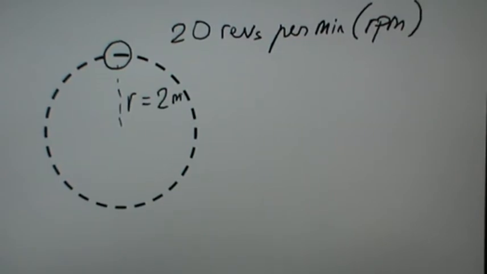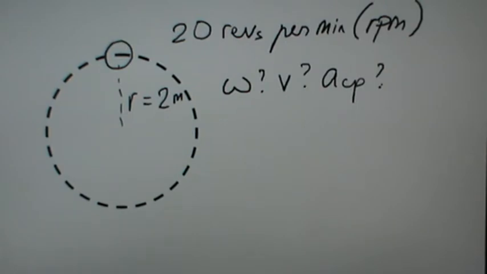Let's find the angular velocity omega, the linear velocity v, and the centripetal acceleration here.